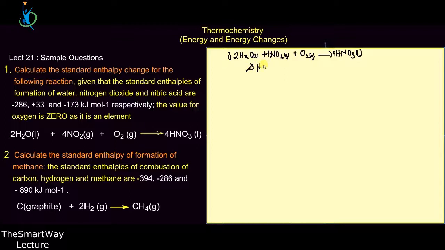So quickly, we are going to put the formula down and follow the question. The standard enthalpy change for the reaction is the sum of all the standard enthalpies of formation of the products, minus the sum of all the standard enthalpies of formation of the reactants.